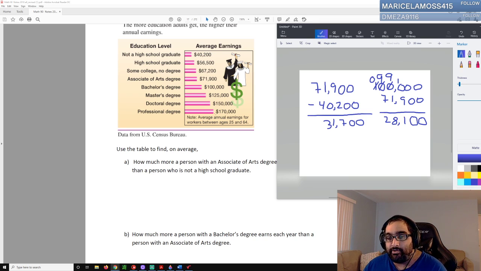The problem with this is that with numbers in general, especially data sets like this, the problem is the word average. Average is not a good indicator of what exactly you'll get in reality. The problem with averages is that if you have a very large value, so let's say you're not a high school graduate, you get a lot of small paying hourly wage jobs or whatever.